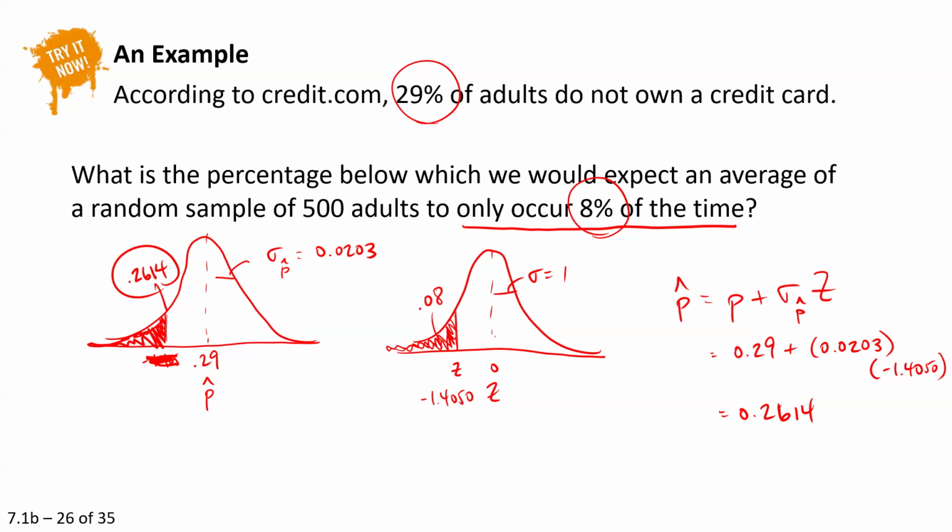So if we repeated the sample many times, 8% of the time that we do that, we should get something below 26.14%. It's actually true.